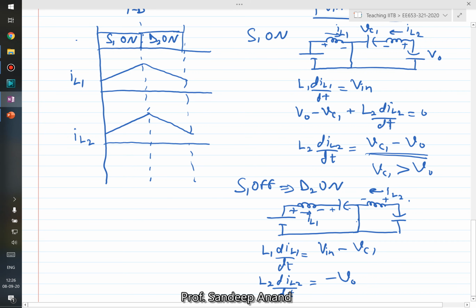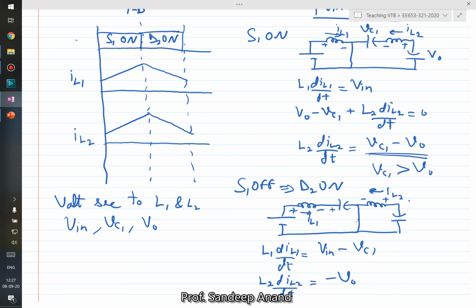So IL2 is also falling here, right? You can apply volt second balance to both L1 and L2, and you would get the same relationship between Vin, VC1 and VO as what we have written just above.